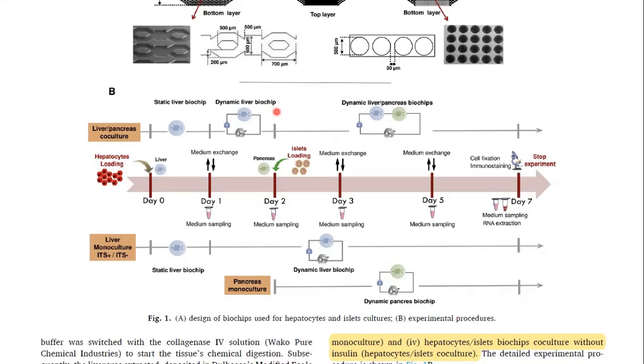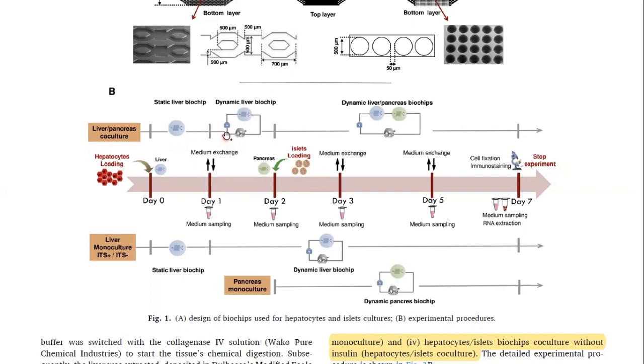The experimental setup designed by the authors for the culture in the biochip was composed of a perfusion loop. This, named here as the dynamic liver biochip, is also called the perfusion loop.